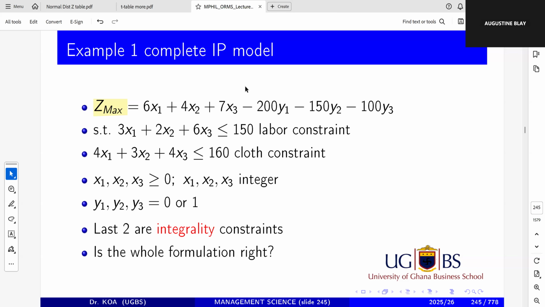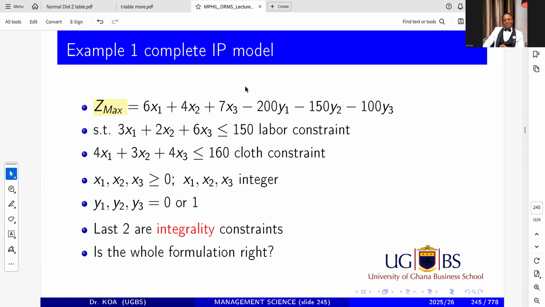The reason is because it is subject to it. Whatever is up there is subject to what is down there. And if it is subject to, then it must contain the same elements. So the variables in the entire body of constraints must be in the entire body of the objective function.